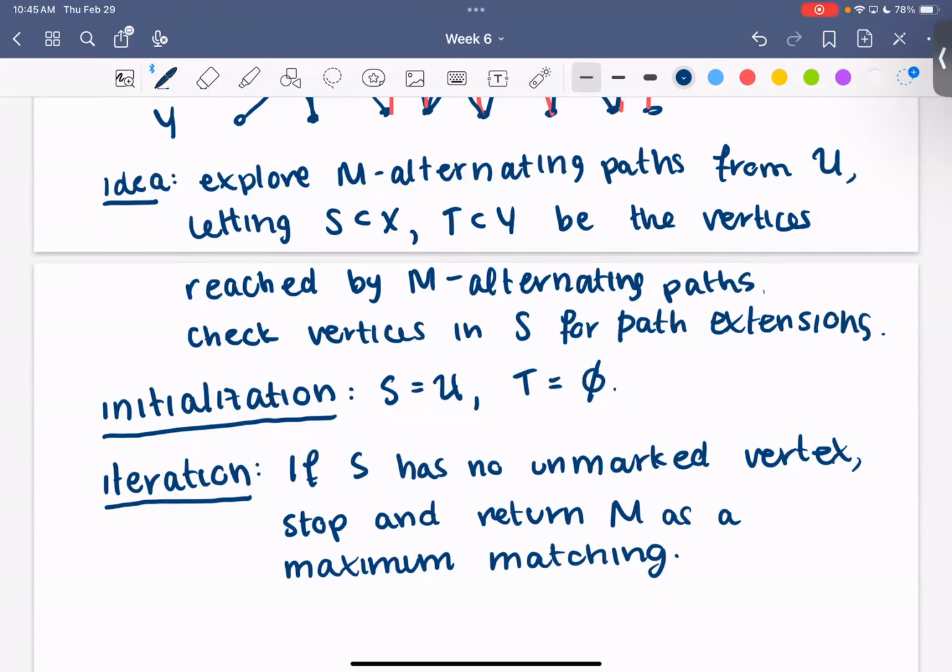So that would mean that it has no augmenting paths. Right now we're looking for an augmenting path.